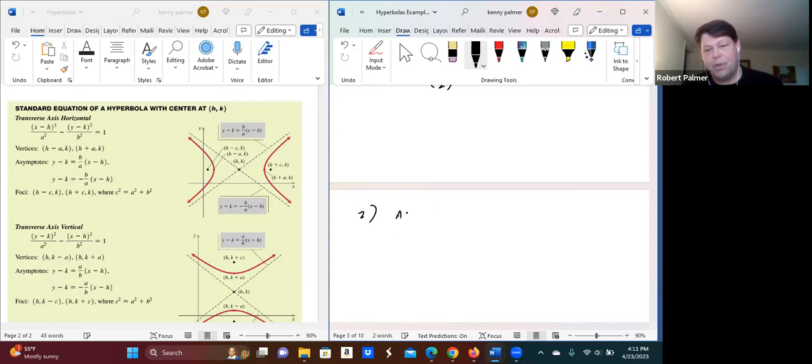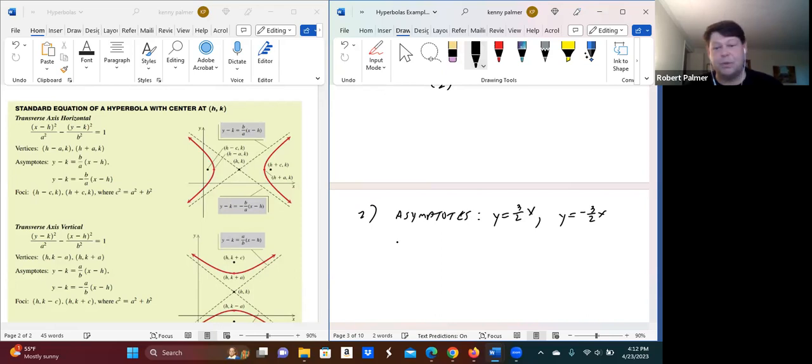So we know the asymptotes are y equals 3 halves x and y equals negative 3 halves x. Now let me make sure this is clear: this x is not the denominator here.